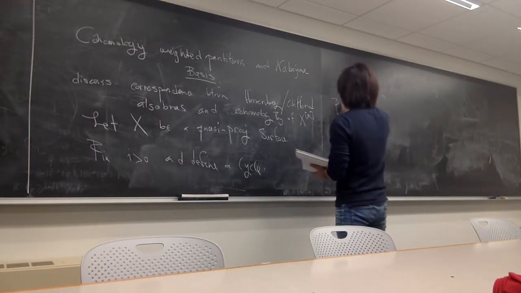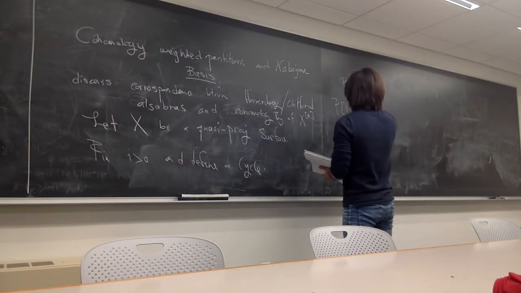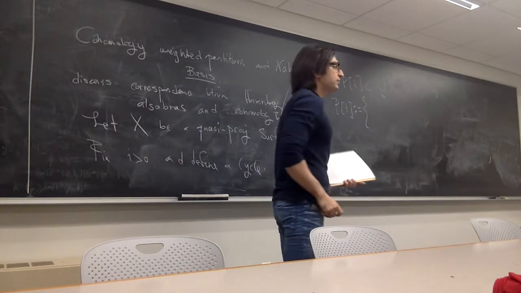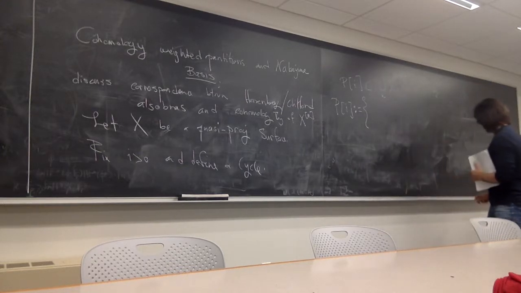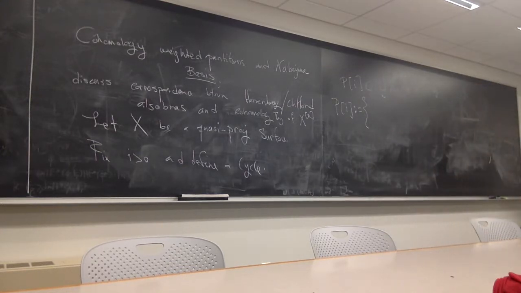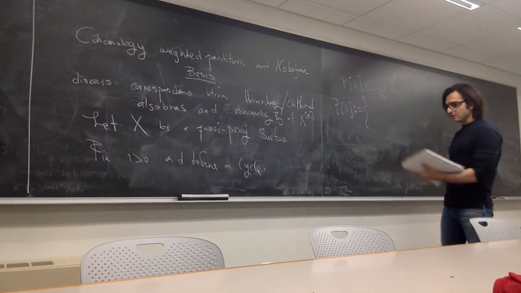So the definition of P_i is given by the following. Remember that the Hilbert schemes are moduli spaces parameterizing ideal sheaves, especially these ones. These are ideal sheaves of points on that surface.